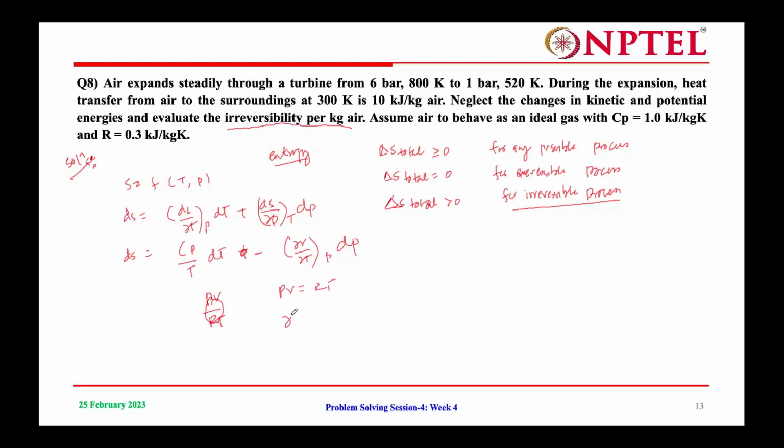So (dV/dT) at constant pressure, sorry, one minute: V is equal to RT by P. Now differentiate with respect to temperature at a constant pressure.